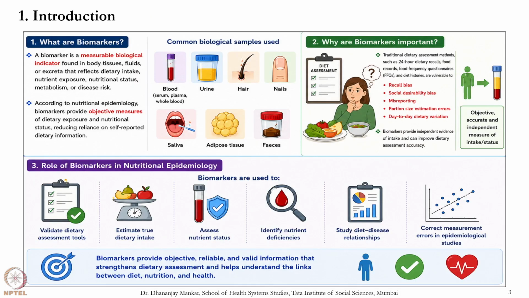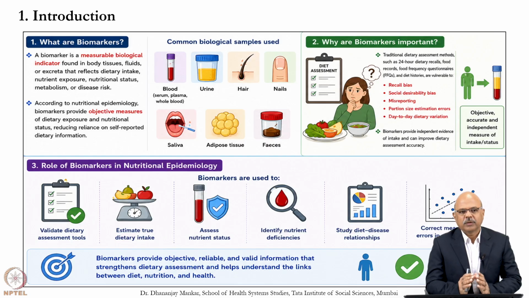So, what are biomarkers? A biomarker is a measurable biological indicator found in the body tissue, fluids or excreta that reflects a dietary intake, nutrient exposure, nutritional status and metabolism or a disease risk. So with this you can understand how important a biomarker is as a biological indicator.